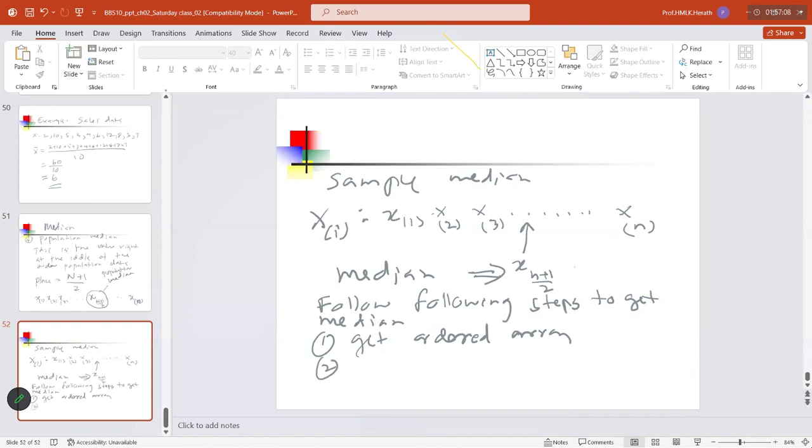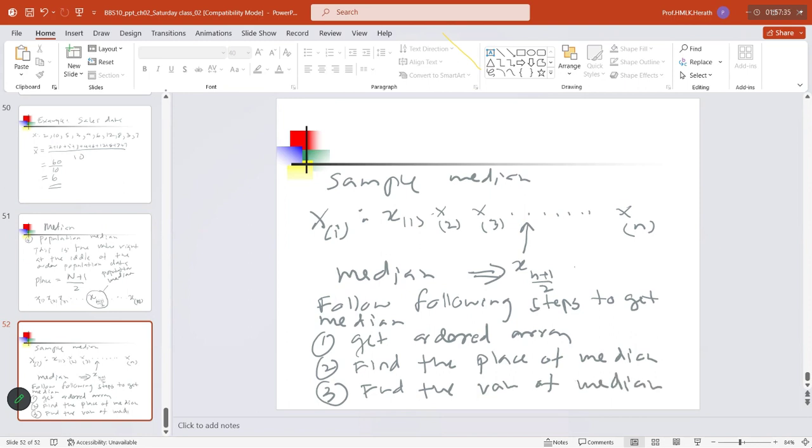The second one is to find the place of the median. And the third one is to find the value of the median. So these are the 3 steps that we follow to estimate the median.